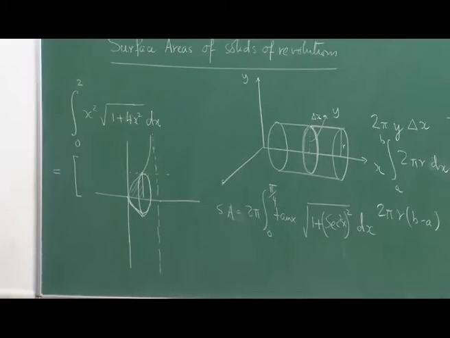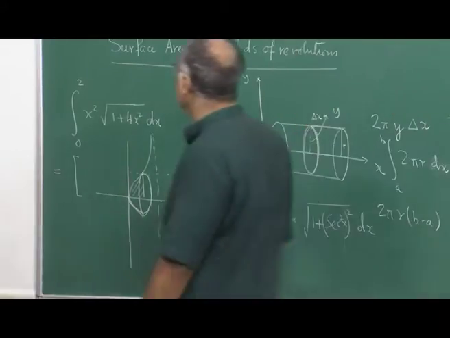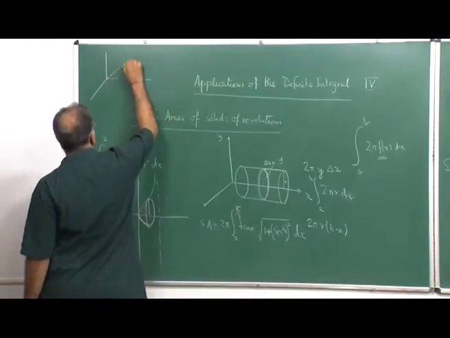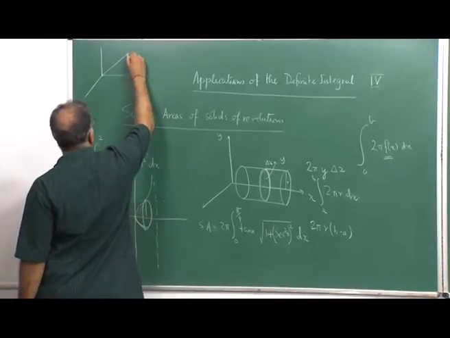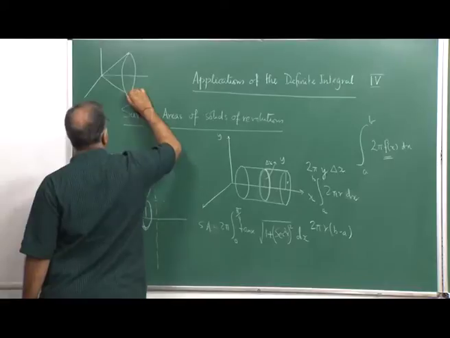So, take a very simple situation. Let me see where you can do something like y equal to x. This is the line y equal to x. If you rotate it, you form a conical structure and you are asking its surface area.